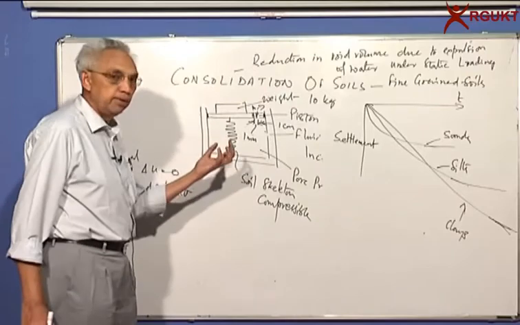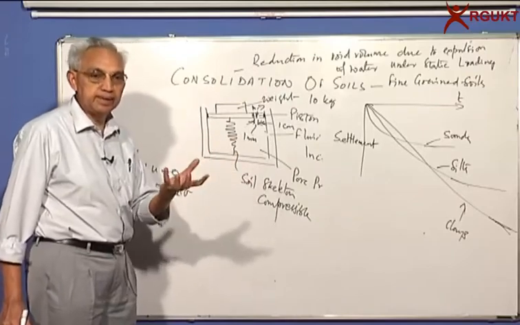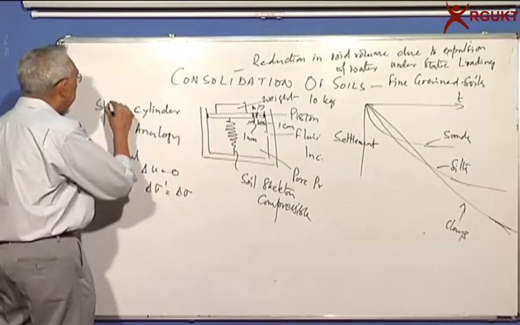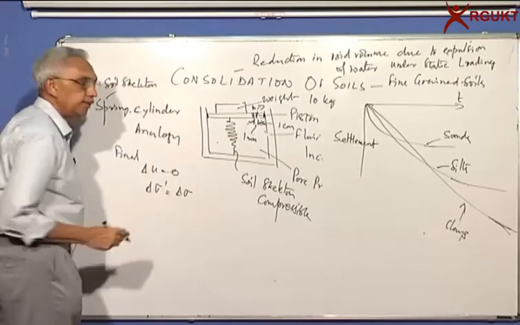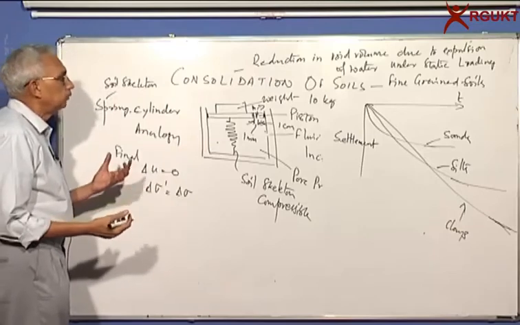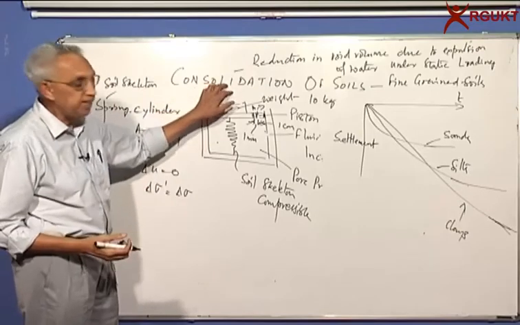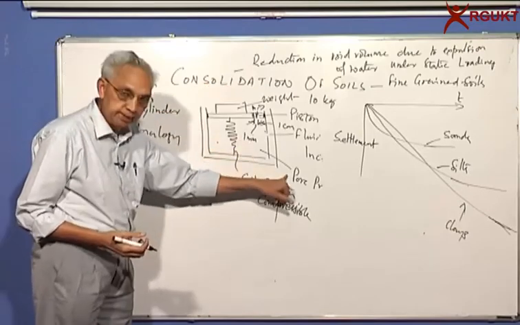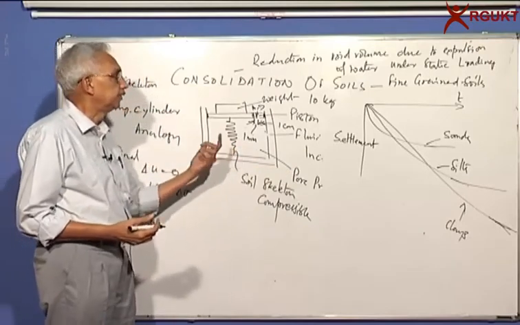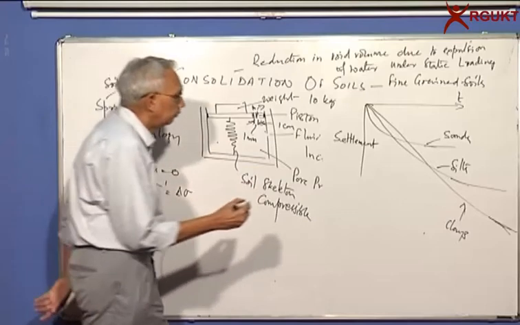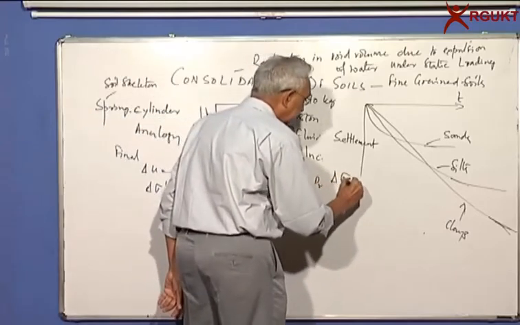And this is called a spring cylinder analogy. The spring is the soil skeleton and the fluid here is the pore pressure. So applied load initially goes into pore pressure, and the pore pressure dissipates and it gets transferred to the effective stress. The total stress is always constant.